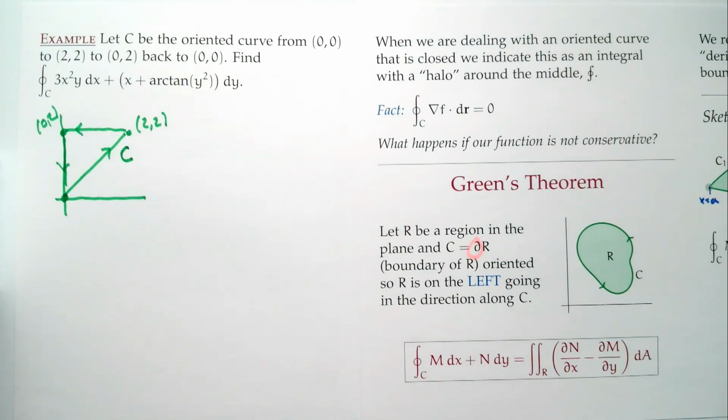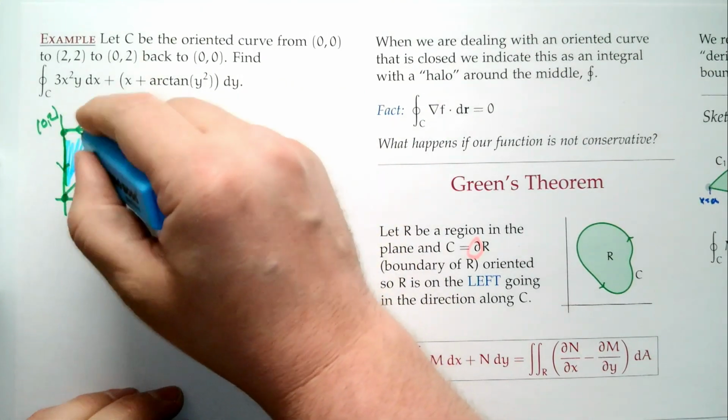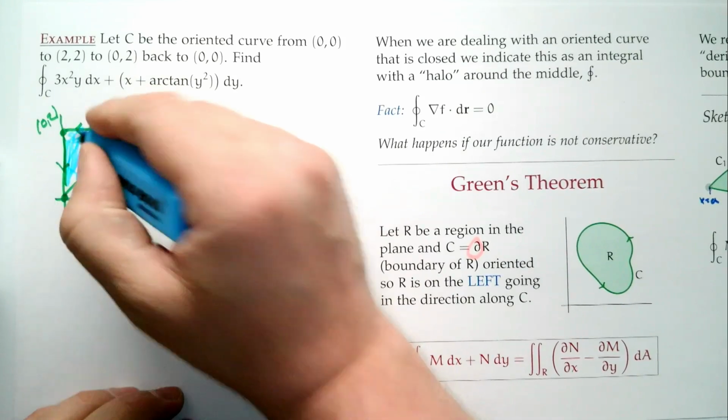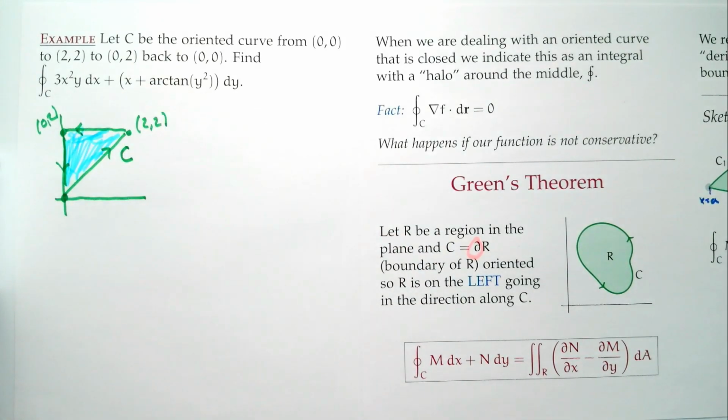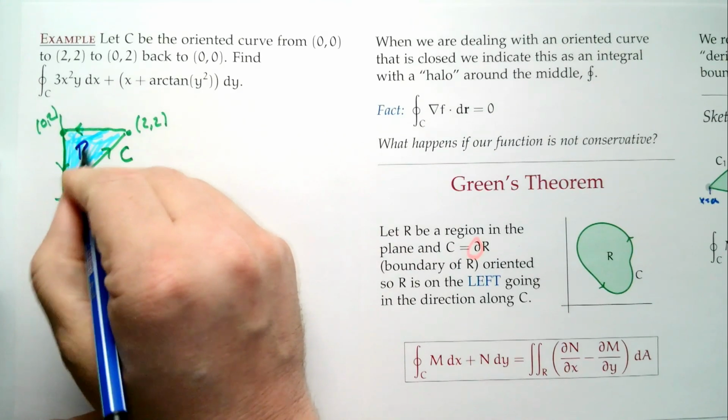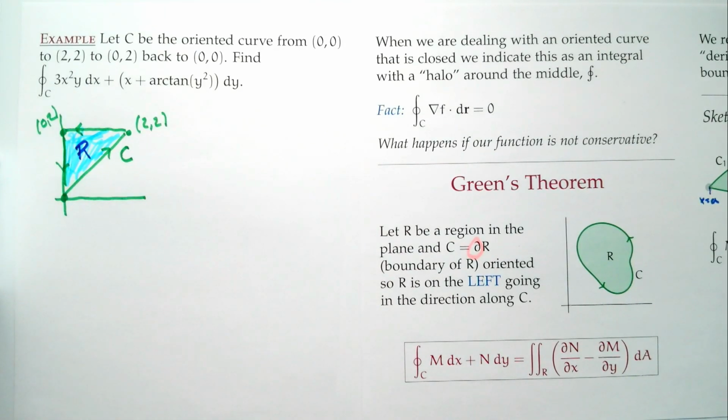So even though I wasn't given a region, once I have a closed curve, I just fill it in. So let's fill in our region. If we fill it in, what we see is we get something fairly simple. We get a nice triangle. So our region is going to be this triangular shape.